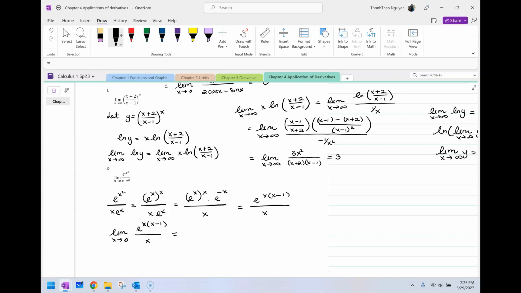I'll apply the L'Hospital rule here to get the limit as x approaches 0 of e to the x divided by 1.